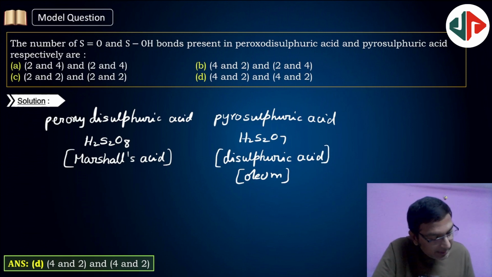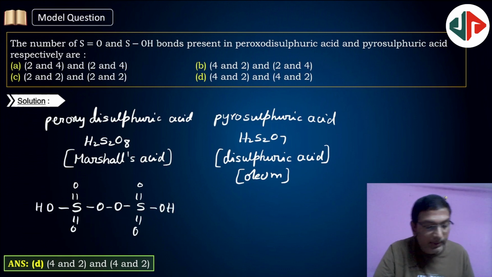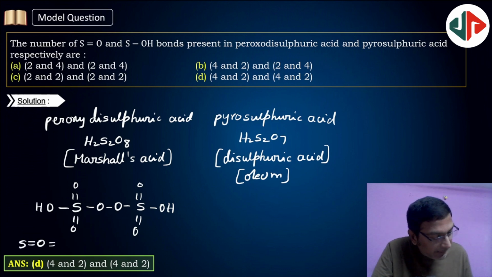So I will write the structure: S double bond O's and OO, OH and OH. So they are asking about S double bond O's, S-OH. So S double bond O's equal to 4 and S-OH bonds 2.